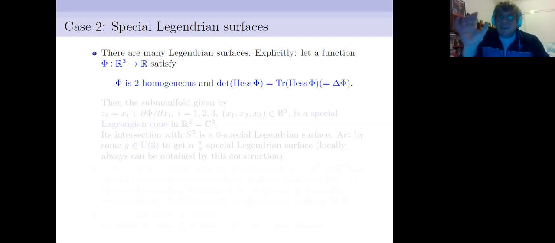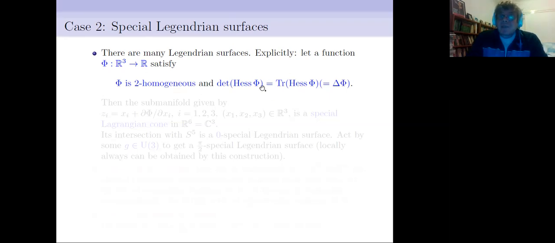We start with a function from R3 to R, a real function of three real variables. We require our function to satisfy two conditions. First, our function is two-homogeneous, meaning that if you multiply x1, x2, x3 by some lambda, your function is multiplied by lambda squared.